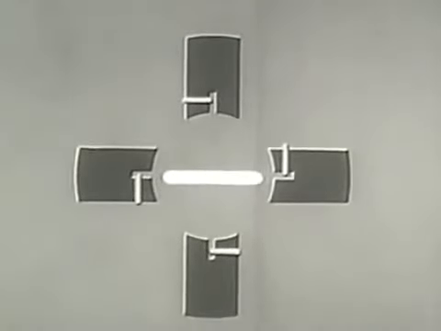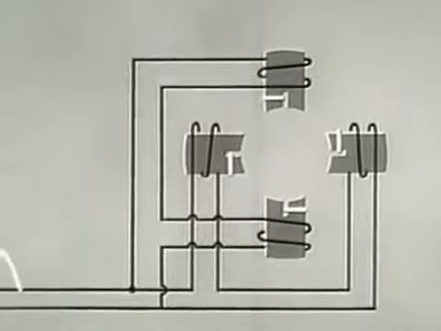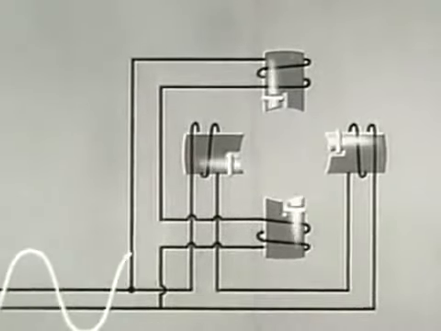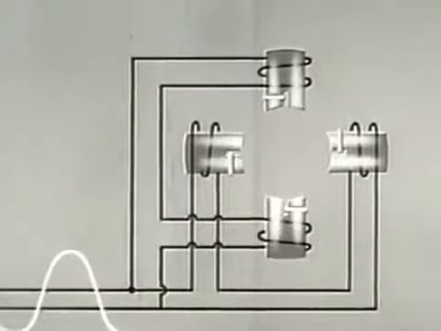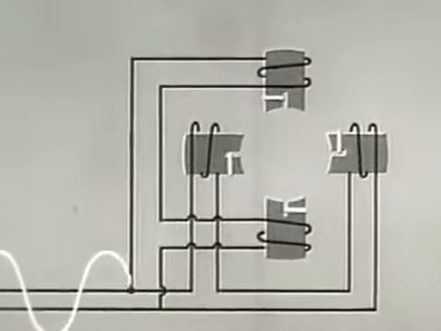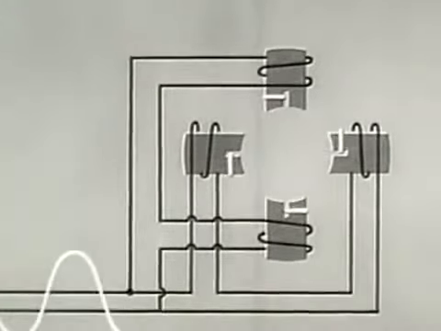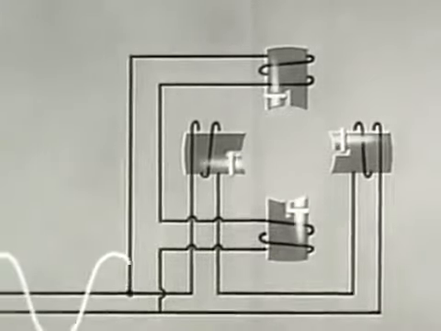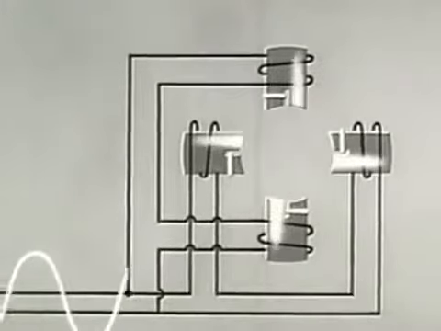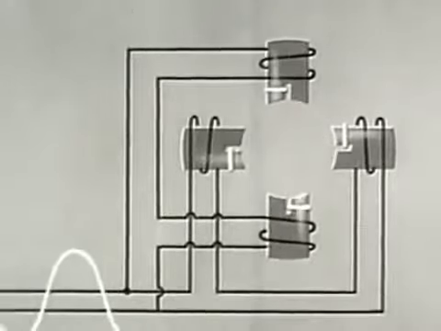Let us see now how the use of shaded poles actually produces a torque or turning force in a single-phase induction motor. The single-phase AC energizes the unshaded portions of the poles first and creates magnetic fields in these areas. The phase difference caused by the higher inductance of the shaded sections is responsible for the lag in the development of magnetic fields in them.